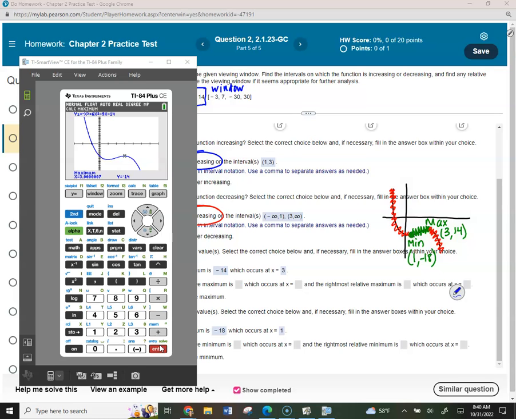So the x values are that it's coming from negative infinity and it stops decreasing at 1. Then it's increasing from 1 to 3. Then it's decreasing again from 3 to infinity.